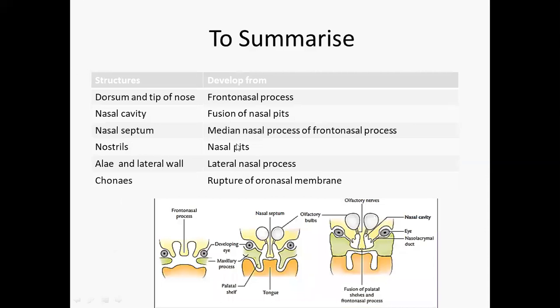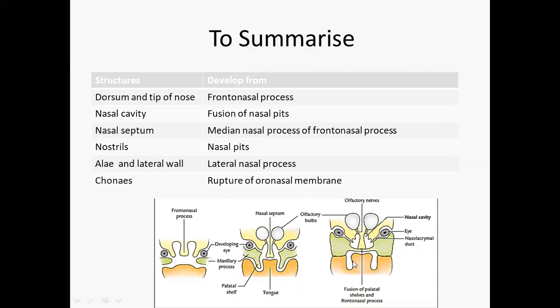So to summarize the development of the nasal cavity, the dorsum, this one is the dorsum, and the tip of the nose are contributed by the frontonasal process, mainly by the median nasal prominence. Then the nasal cavity is formed by the fusion of the nasal pits. Then the nasal septum is contributed by the frontonasal process, which includes the median nasal process itself.